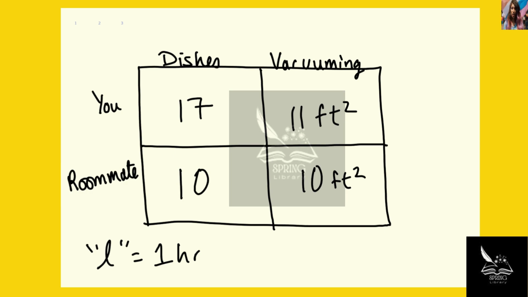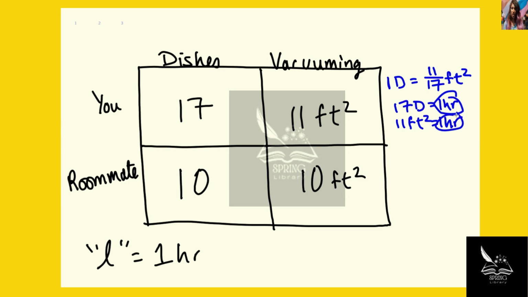So to figure out the comparative advantage, we have to figure out the trade ratio or the opportunity cost of each thing. So for you, one dish is equal to 11 over 17 square feet, right? And we get this because we have 17 dishes equals 1 hour, and we have that 11 square feet equals 1 hour.